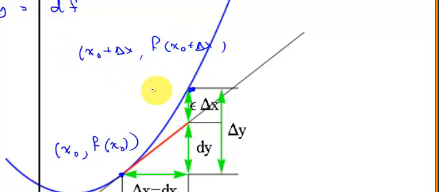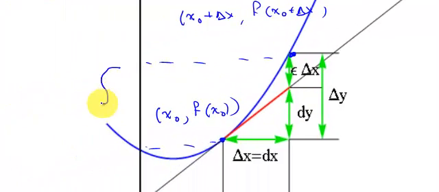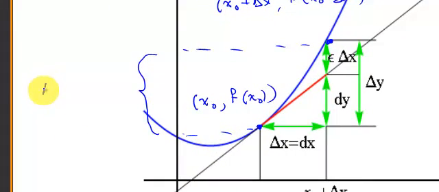And so if we look at this, how much did the function value change by? Well, the function value changed by this much. This is what we would call the increment delta y or delta f, and that's what we have marked here. There's delta y.